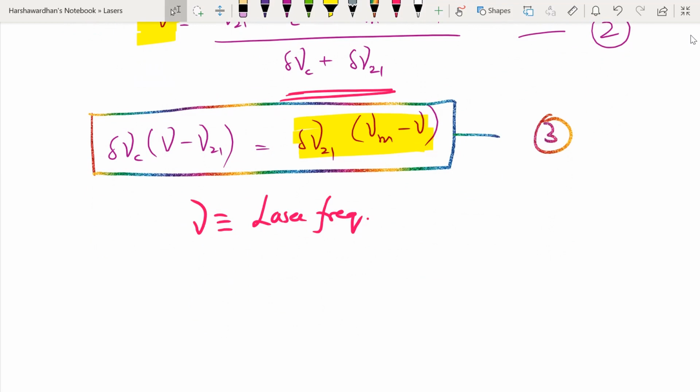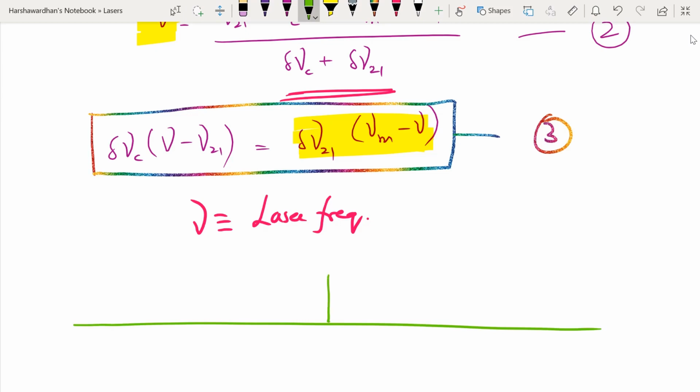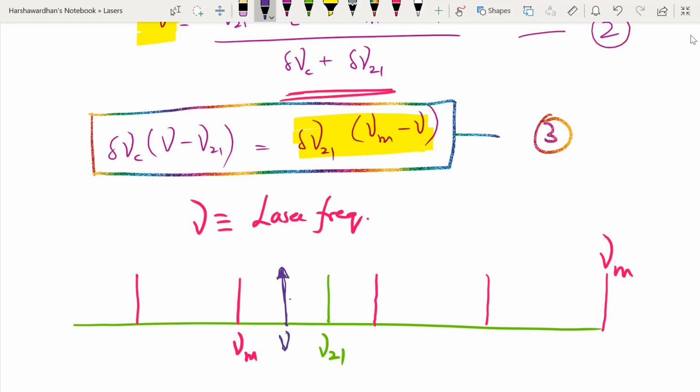Let's look at it a little pictorially to make sure that we understand where we are. Imagine this is my frequency space. This nu_21 is my atomic central frequency, and I have this series of frequencies which are equispaced. So this is nu_m, and the lasing frequency has to operate in such a manner that it is being pulled by the atomic frequency on one side and by the bare cavity frequency on the other side.